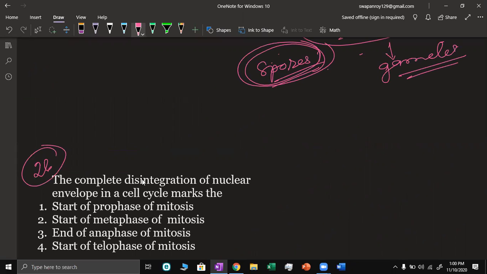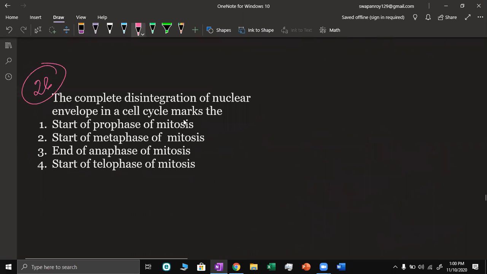26. The complete disintegration of nuclear envelope in a cell cycle marks the start of prophase, start of metaphase, end of anaphase, start of telophase.